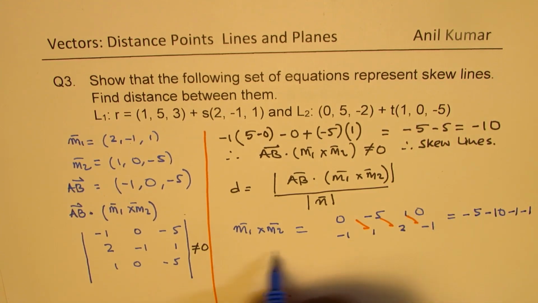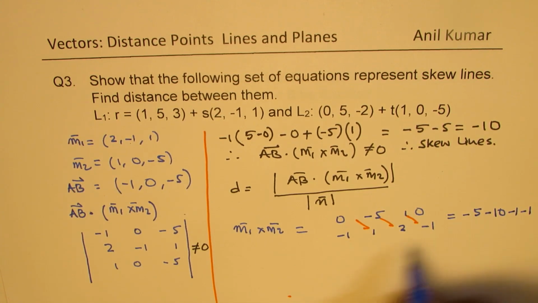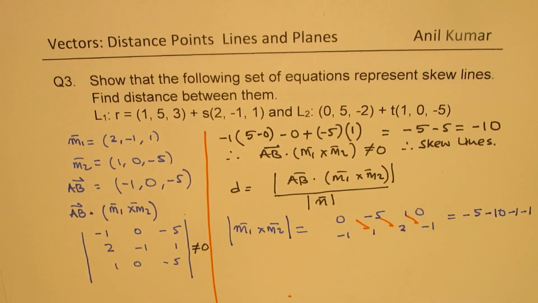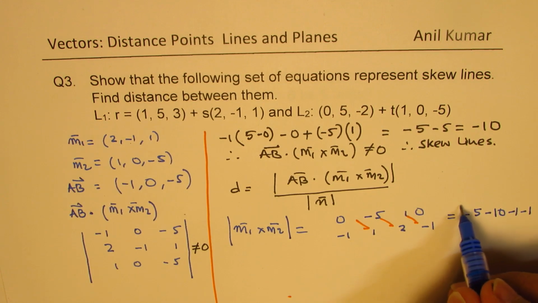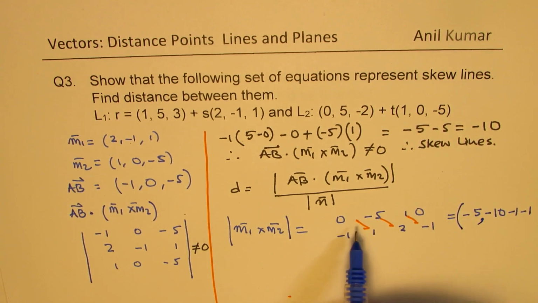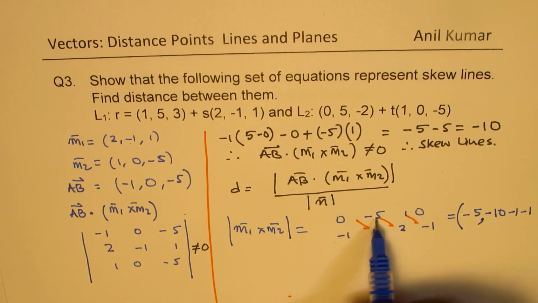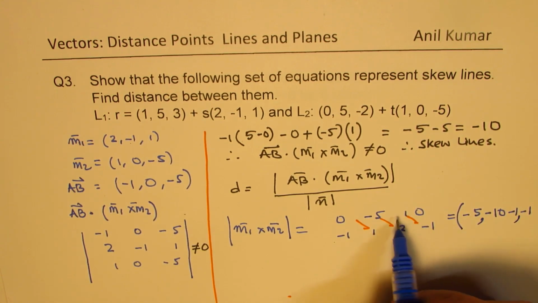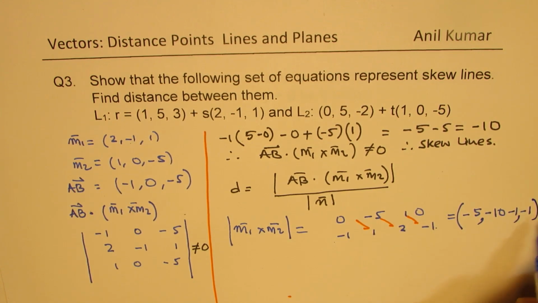So M1 cross M2, we have to find the absolute value of this, that is the magnitude. Let me rewrite this nicely. This was minus 5, and then we did minus 10, minus 1 as minus 11, and then we did this as minus 1.